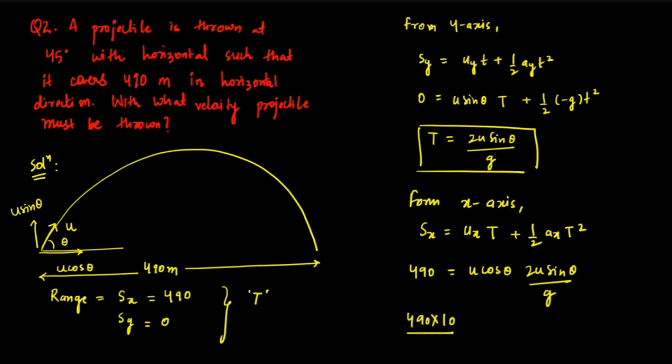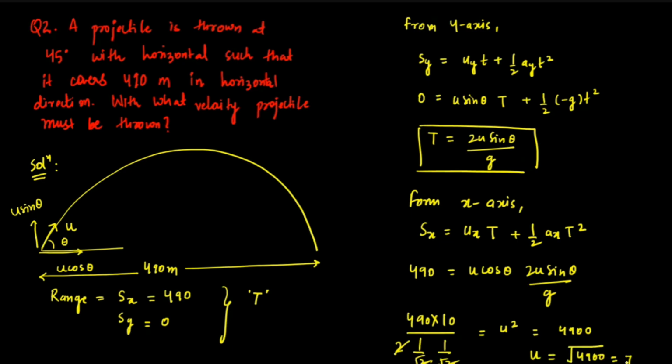Now, we'll substitute the value of this time in the x-axis equation. Sx is equals to ux t plus half ax t square, whereas ax is 0, Sx is supposed to be 490, it is given. Ux is supposed to be u cos theta. T is supposed to be 2u sine theta by g.